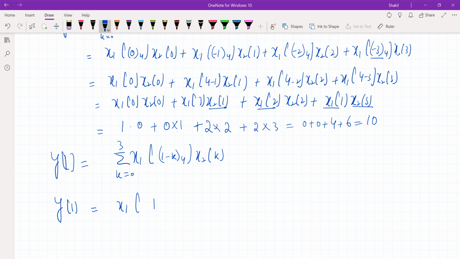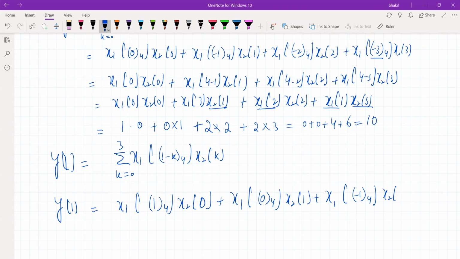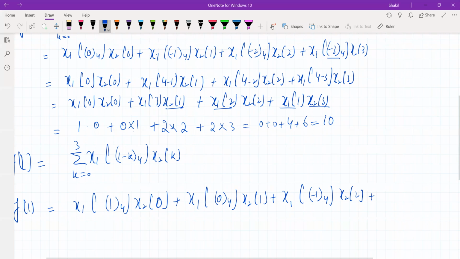Put k equal to 0: this will be x1 of 1 modulo 4, x2 of 0, plus x1 of 1 minus 1, that is 0 modulo 4, x2 of 1, plus x1 of 1 minus 2, that is minus 1 modulo 4, x2 of 2, plus x1 of 1 minus 3, that is minus 2 modulo 4, x2 of 3.